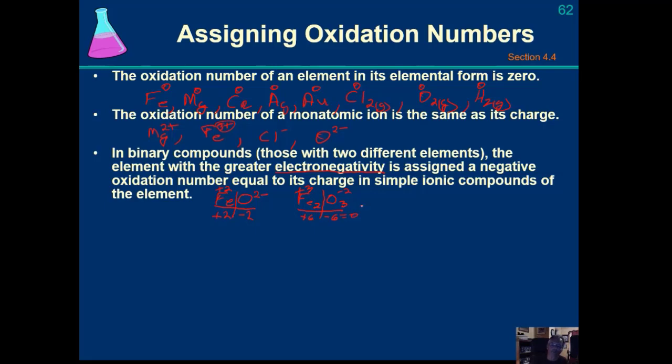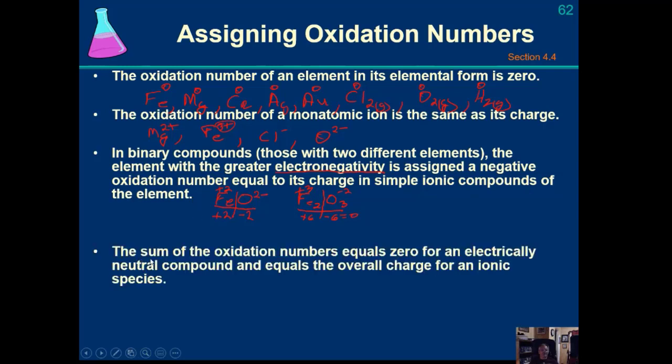All right? So in binary compounds, those with 2 different elements, the element with the greater electronegativity, that's going to be a nonmetal almost certainly, is assigned a negative oxidation number equal to its charge in simple ionic compounds of the element. All right.